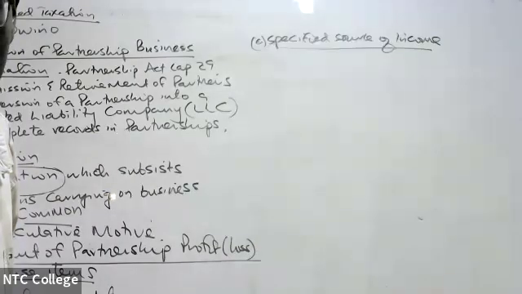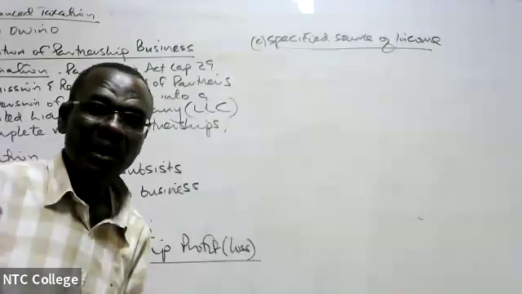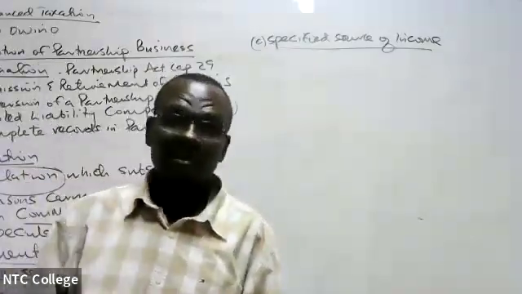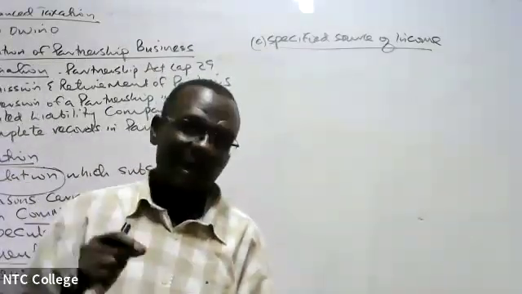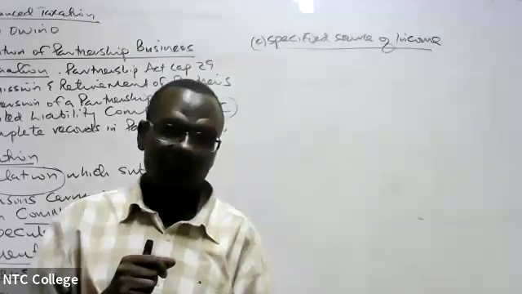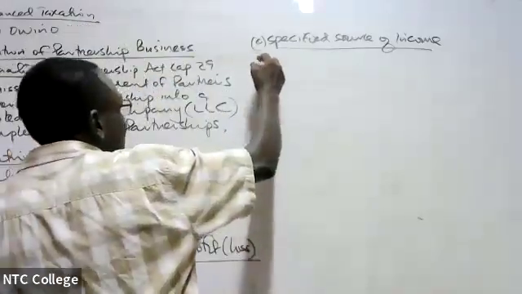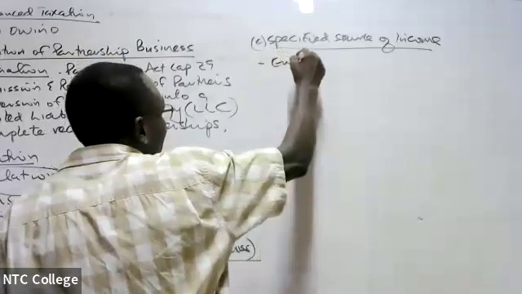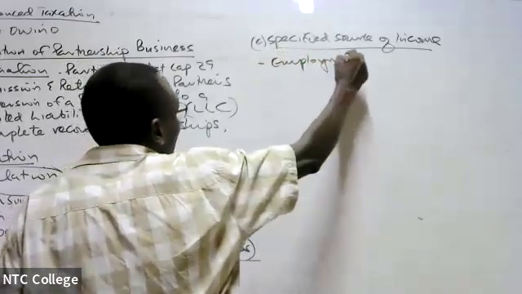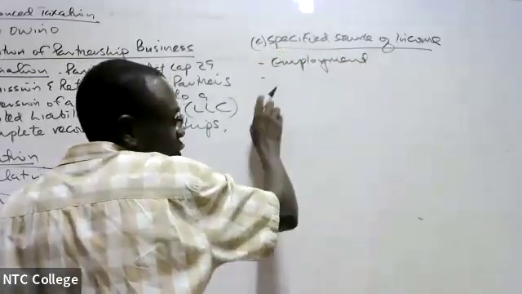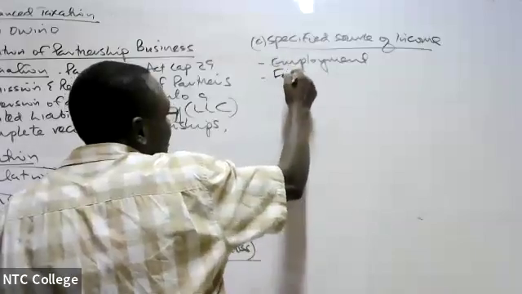So we have specified sources of income. So what are these? You have to identify where the income is coming from. I'll give you a few examples. Employment is a source. We have another source called farming.